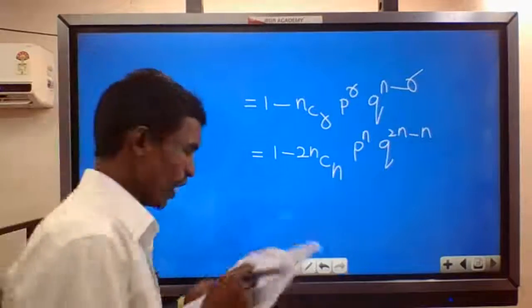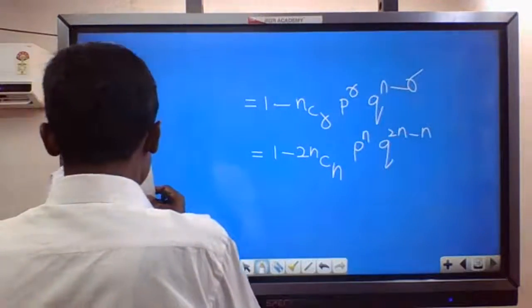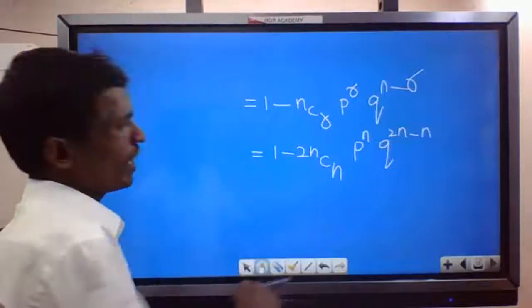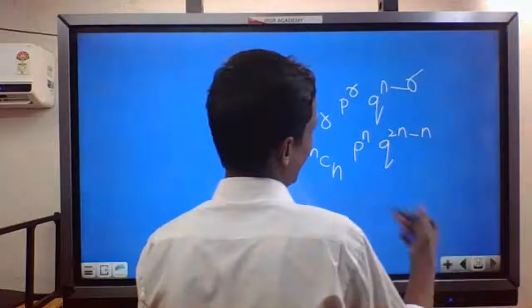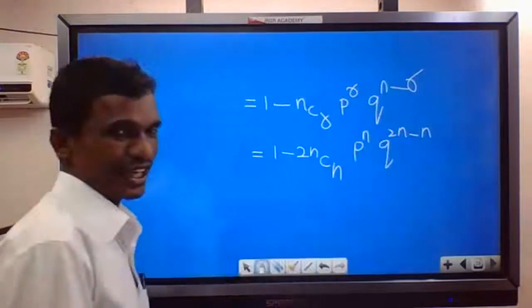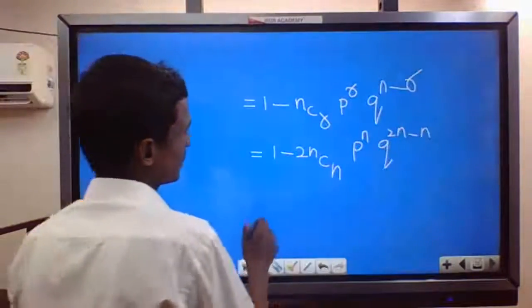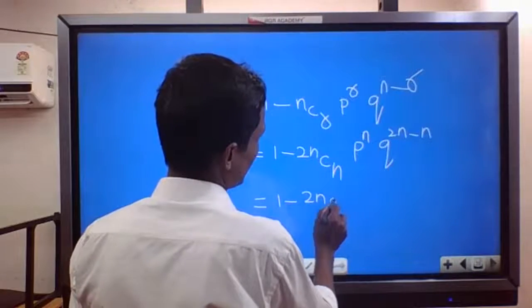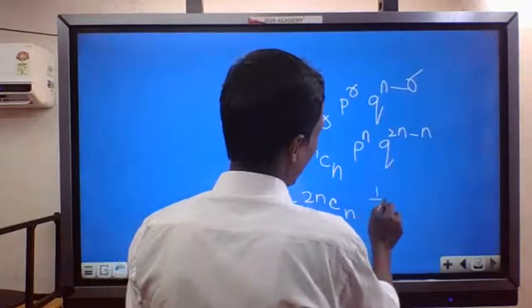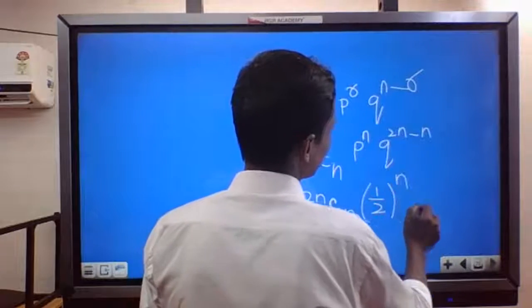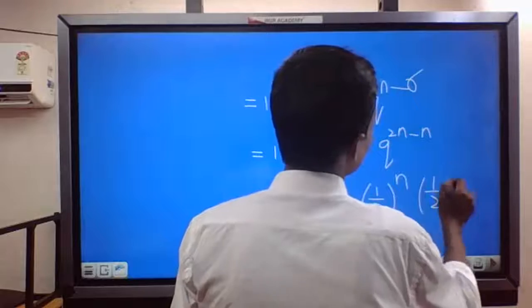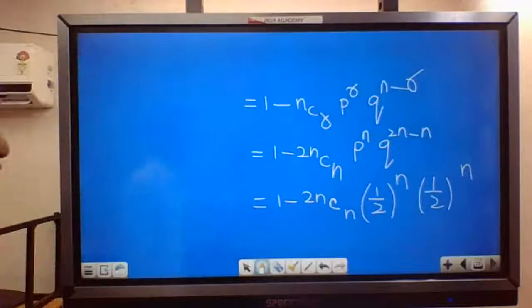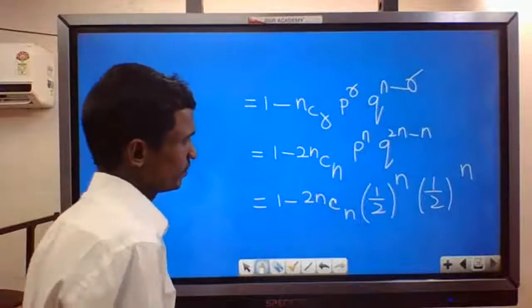In this problem p equal to 1 by 2, q equal to 1 minus p, therefore both are similar. So 1 minus 2nCn 1 by 2 whole power n, 1 by 2 power 2n minus n, what? n.